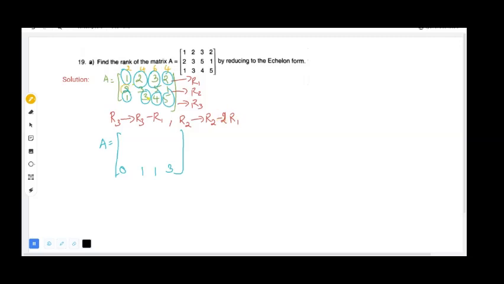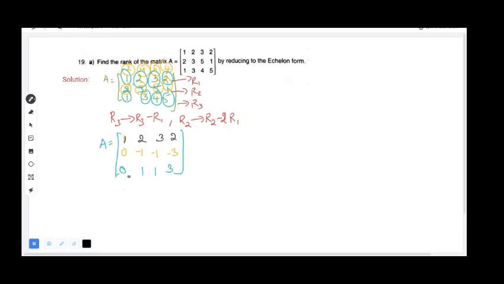R2 is 2, 3, 5, 1. 2 minus 2 will be 0, 3 minus 4 will be minus 1, 5 minus 6 will be minus 1, 1 minus 4 will be minus 3. We are not going to do anything for the first row, so we'll write it as it is: 1 2 3 2.